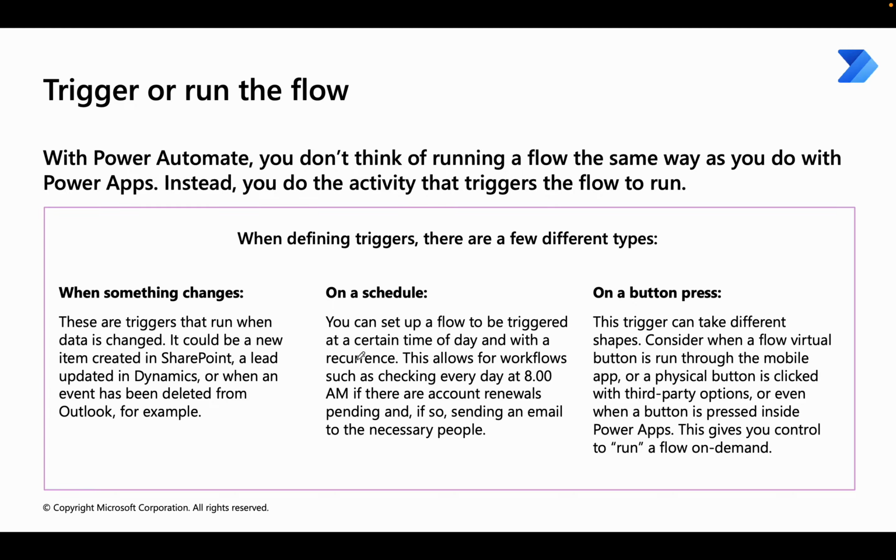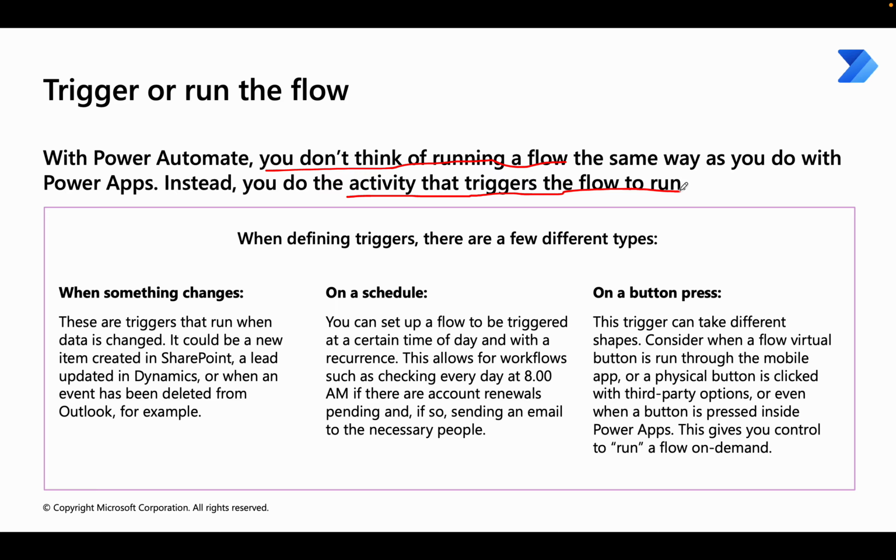So what is a trigger? In Power Automate, you don't run a flow yourself. There are some activities that may trigger the flow to run. So there is a different philosophy.